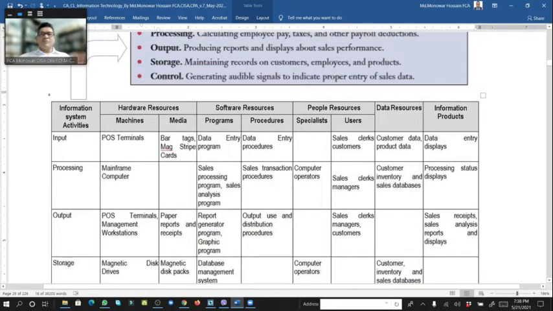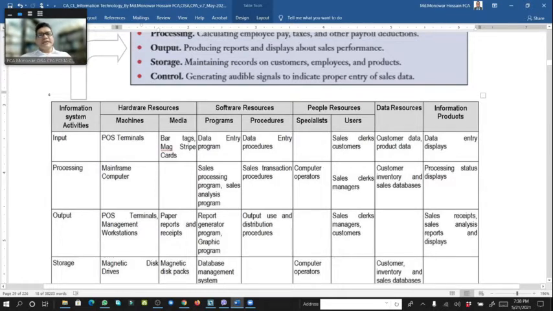Look here, input. If we study one by one, input. What input? Hardware resource, how it helps input: payment of sale terminal. Media is bar tag, magnetic card, that is when we are putting our debit card or credit card. Software uses data entry programming, they input the data.